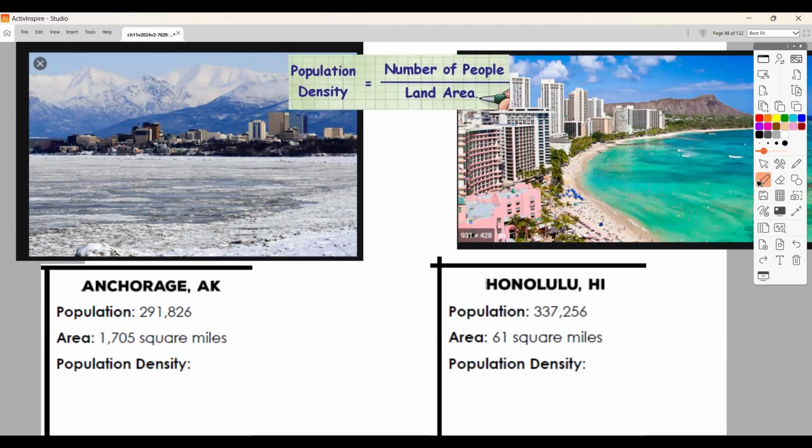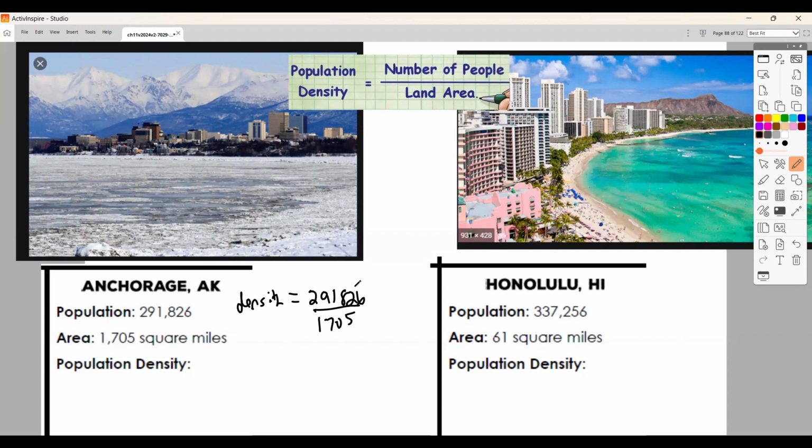So if I ask for the population density of both of these areas, remember that I said the population density is the population, the number of people, divided by the area. In this case, I'm giving you both. So the density would be the population, 291,826 divided by 1,705.